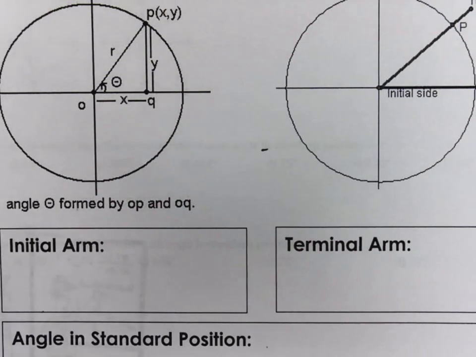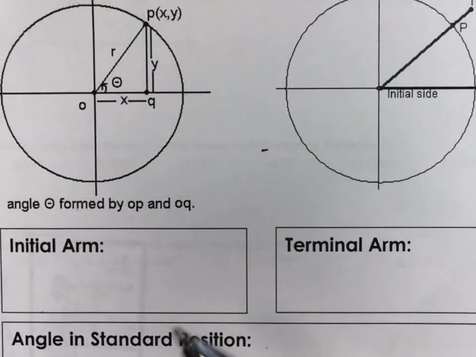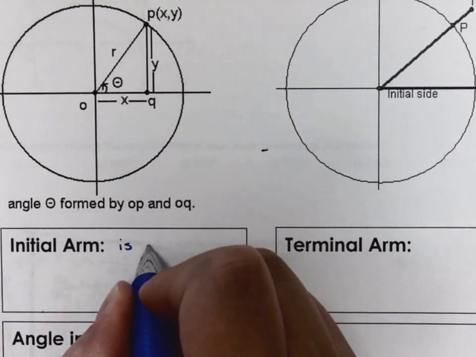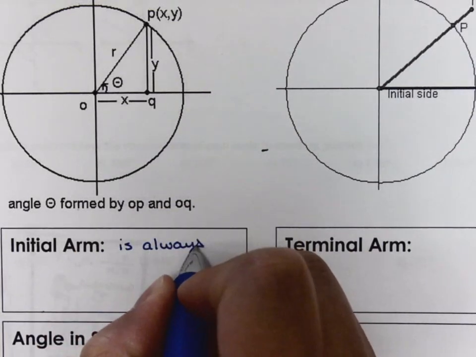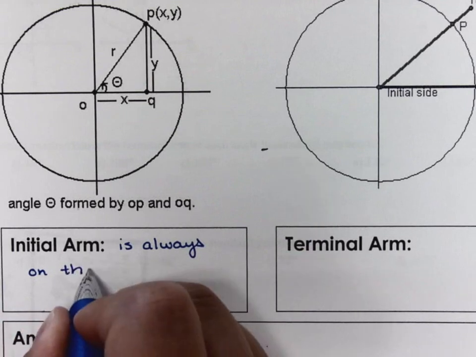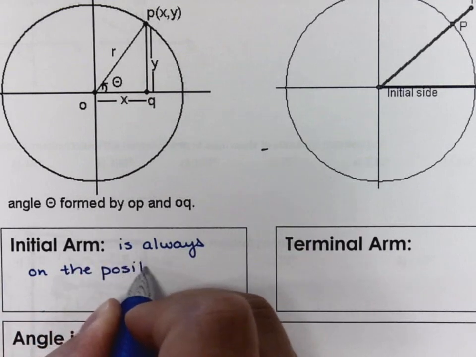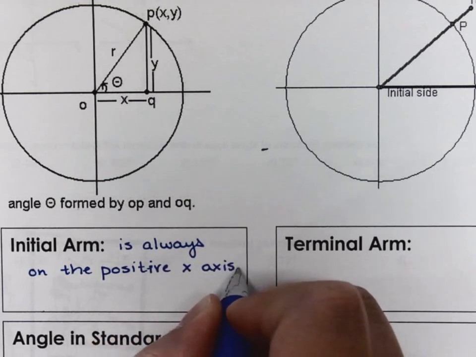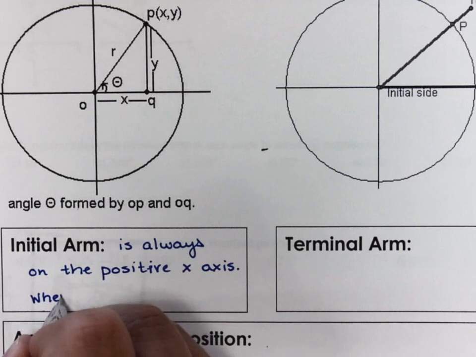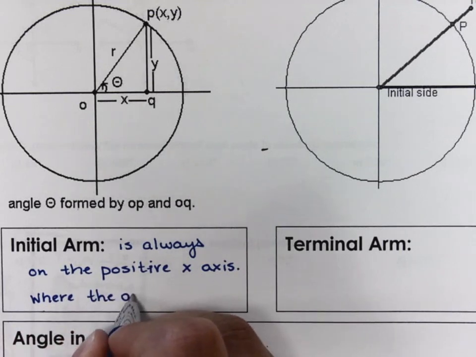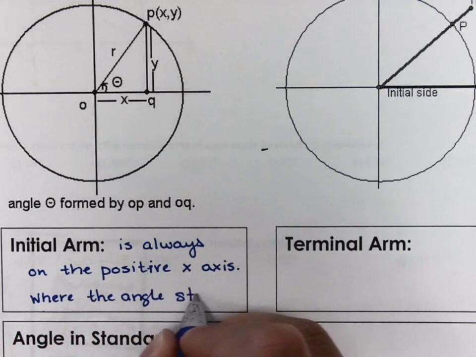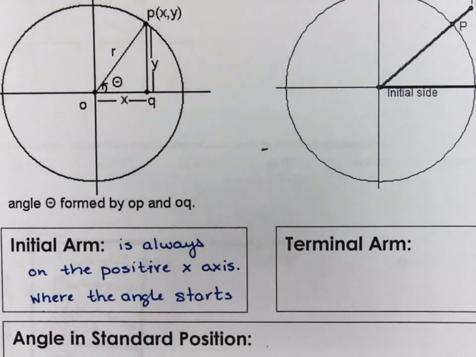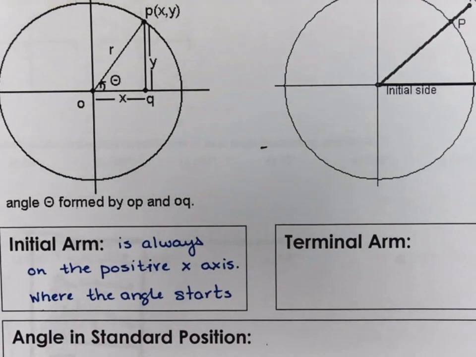So the initial arm is always on the positive x-axis. That's where the initial arm always is. It doesn't move from there. It's where the angle starts, okay?